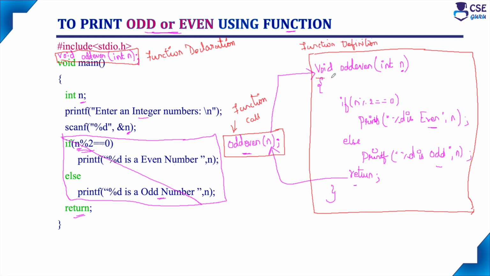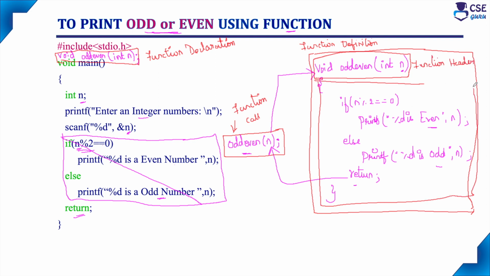This specific one-line statement is the function header. And the remaining whole thing is the function body part. So these are all the elements of a user-defined function.